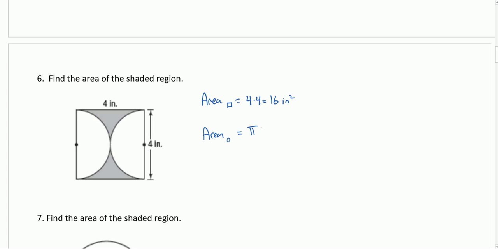Diameter is 4, so pi times 2 squared, or 4 pi inches squared. And so the shaded area is the area of the square minus the area of the circle, so 16 minus 4 pi. And that's square inches.